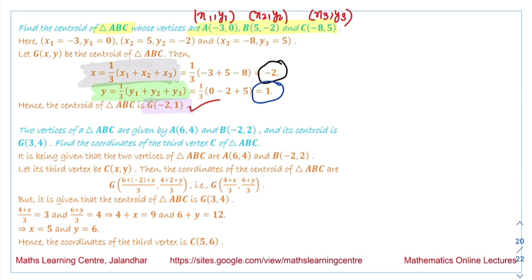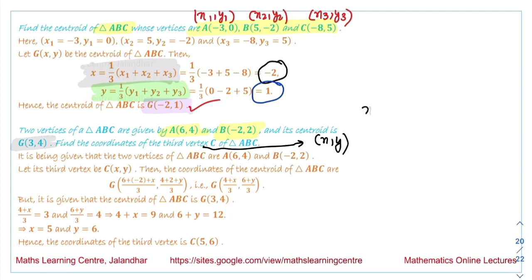Next, two vertices of a triangle ABC are given to us, and the centroid is (3, 4). We have to find the coordinates of the third vertex. Suppose the coordinates of the third vertex are (x, y).